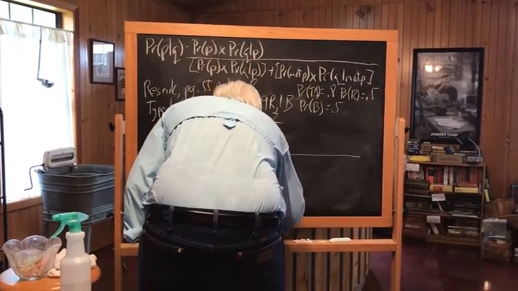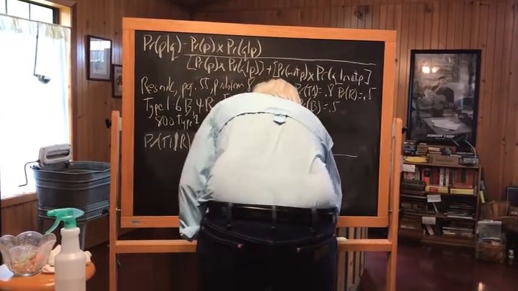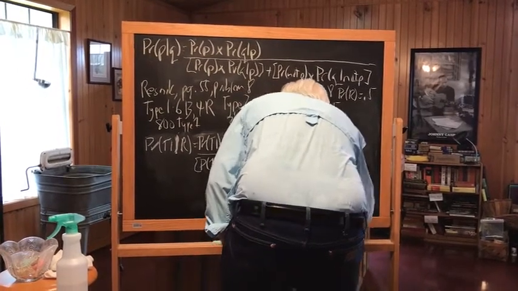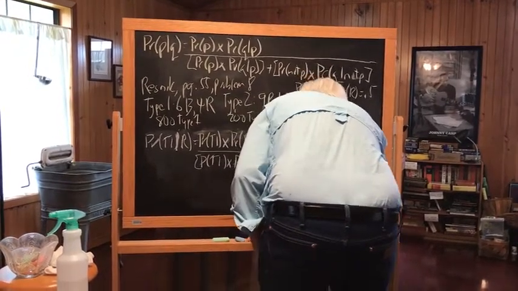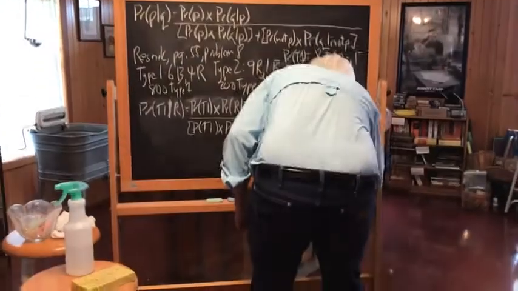All of that over the probability that we drew from type 1 times the probability that we drew a red ball, given that we drew from type 1, plus the probability that we drew not from type 1, meaning we drew from type 2, times the probability that we drew a red ball, given that we drew from type 2.